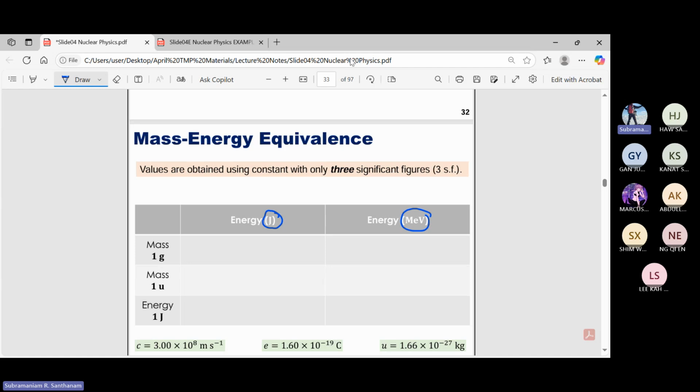First we'll work it out for joules, then we'll go to MeV.